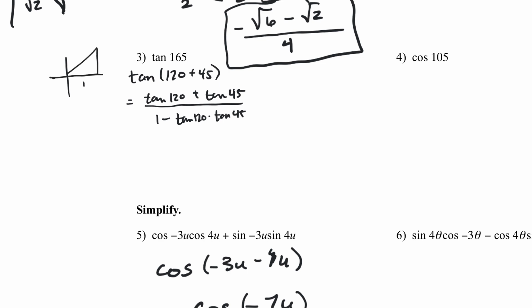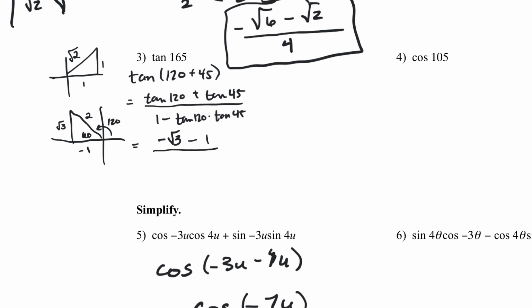Now, 45 degrees is great with tangent. We know that the tangent of 45 is equal to 1. If I draw 120 out, we know that 120 goes over here. This leaves a 60-degree angle here. That means we have the square root of 3 right there, a 1 here, which is negative, and a 2. Let's plug everything in. The tangent of 120 is going to be negative root 3. It's the square root of 3 over negative 1, but we can just abbreviate that.